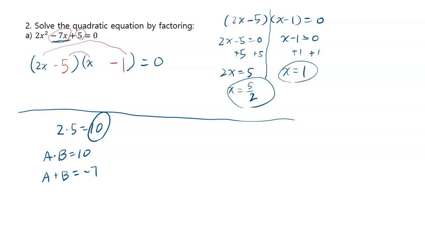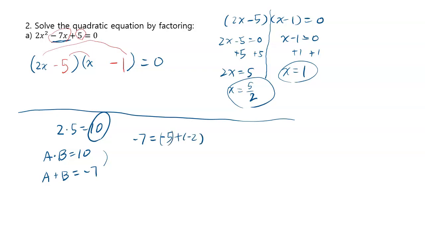Well, 5 times 2 is 10, and 5 plus 2 is positive 7, so it must be negative 5 and negative 2, right? So you can conclude that the negative 7 should be broken as negative 5 and negative 2.